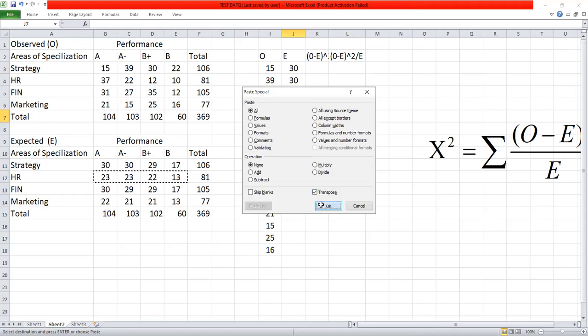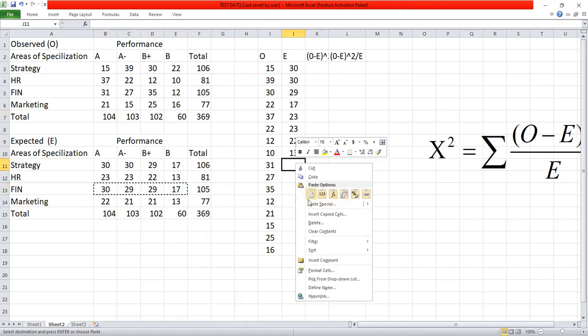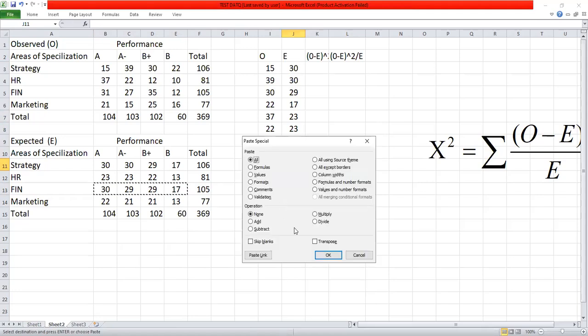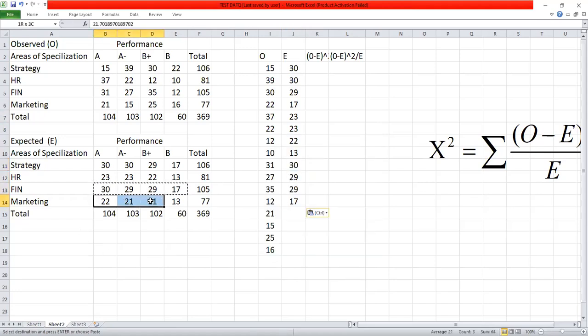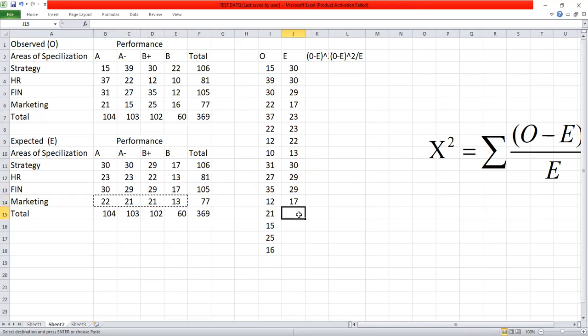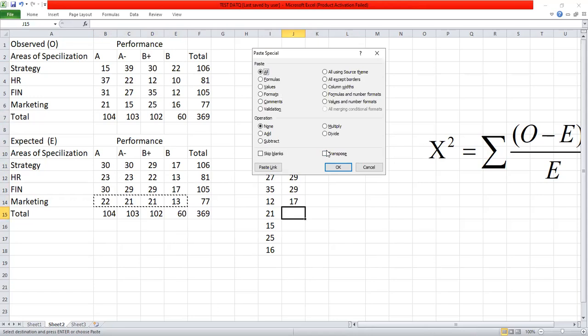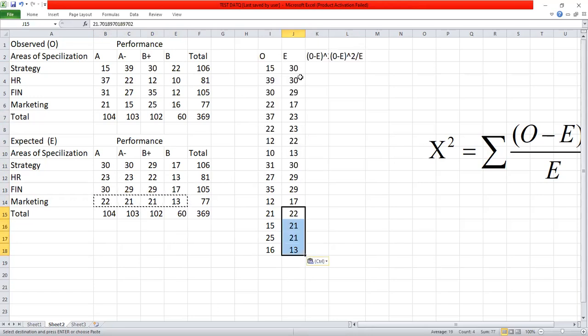Then I come here and do this, that one there, and then that, then lastly this one, that one. Here we are, bring it here and I paste. I've converted all my rows into columns of corresponding observed and expected.